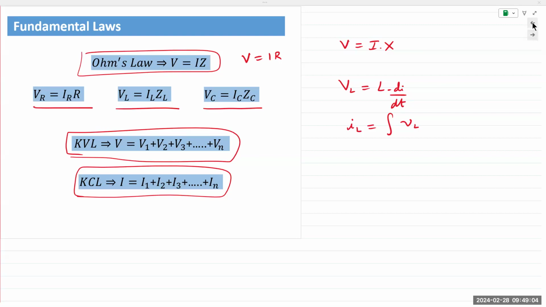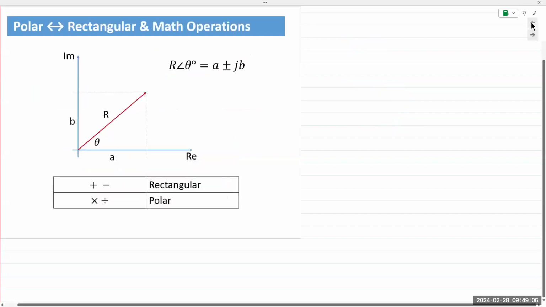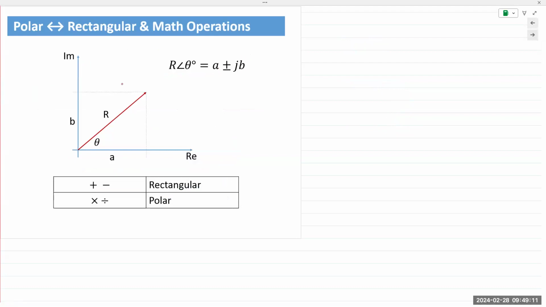So when I was talking about that, it's here: polar to rectangular conversion, polar to rectangular math. You have a vector with a length of r, phase angle theta. The projection of this vector on the real and x-axis gives you the rectangular coordinates. If you're performing math, as we will do when we apply Ohm's law, for instance, or KVL, you're either performing multiplication, division, subtraction, or addition, lots of things.